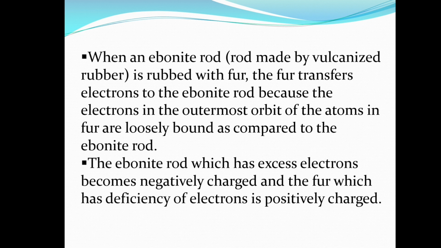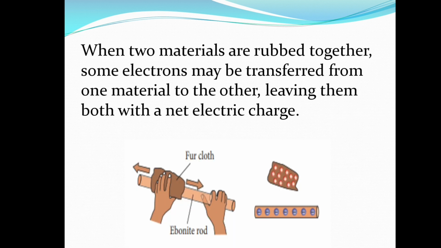That is because the fur transfers electrons to the ebonite rod, because the electrons in the outermost orbit of the atoms in the fur are more loosely bound than in the ebonite rod. You can see here, this is the fur cloth and this is the ebonite rod. The ebonite rod is negatively charged and the fur cloth is positively charged.